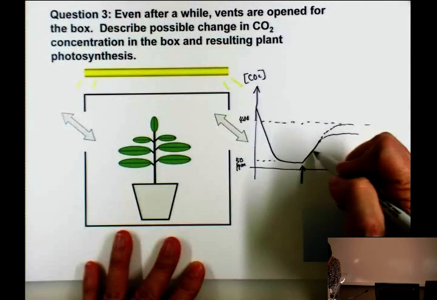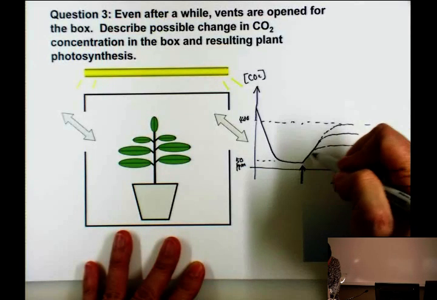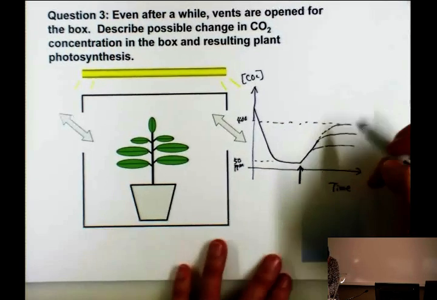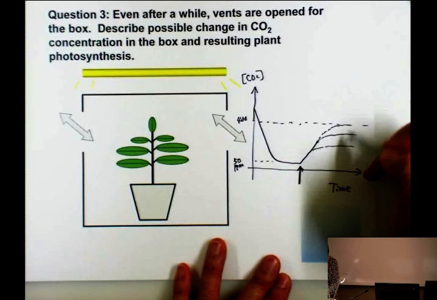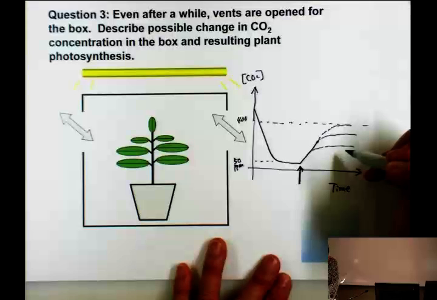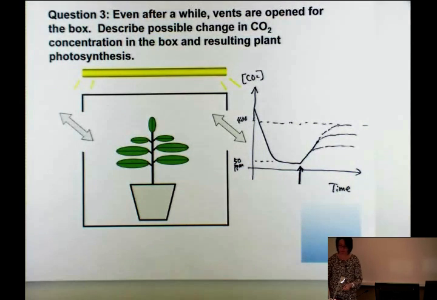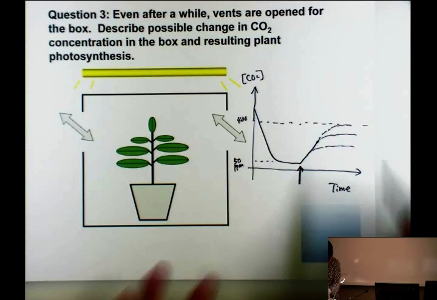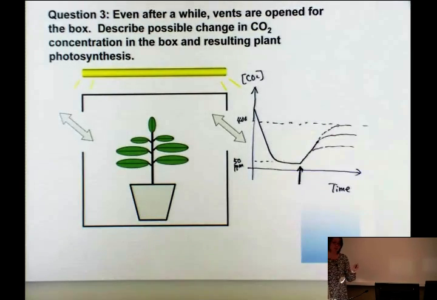So here, the stabilization depends on the ventilation rate. If it has enough ventilation, then the CO2 inside the box is getting close to the outside.